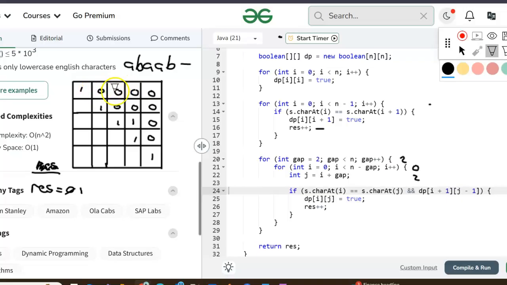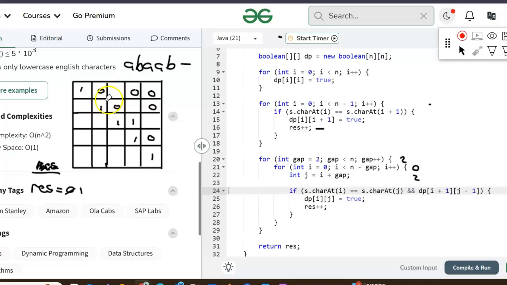So actually that is, you know what, let me erase, because the gaps of 2 are actually on this diagonal here. All right, so first of all, we're looking at this, 0, 2, and then we're looking at dp[i+1], which is 1, j minus 1 is 1, which is this one.